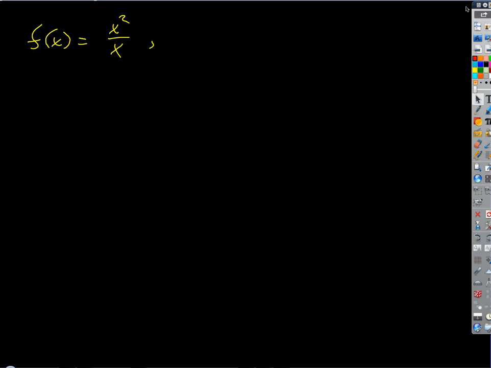It looks like a rational function, but if I algebraically simplify it, let's just call that g of x. What does this function become if I simplify it algebraically? What is x squared over x? Well, you guys know that. Come on, that's x to the 2 over x to the 1. What is that? x, yeah. It's x, right?